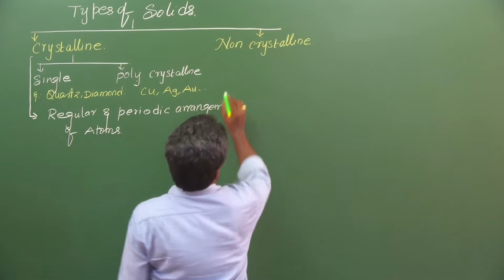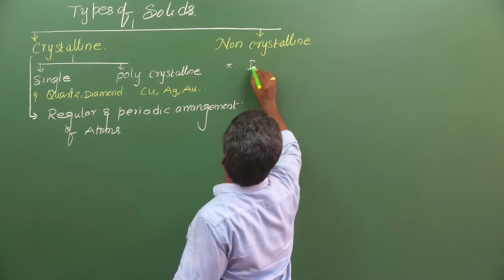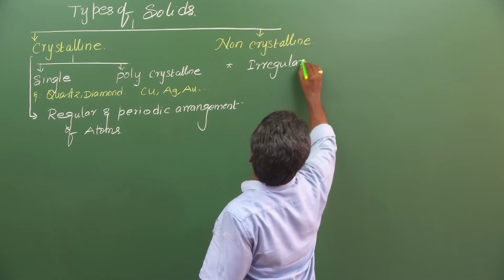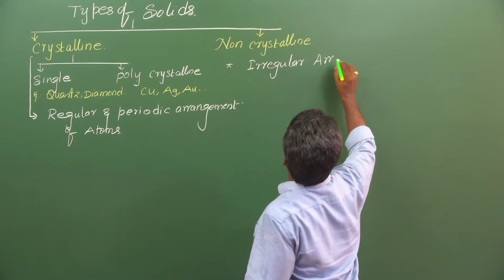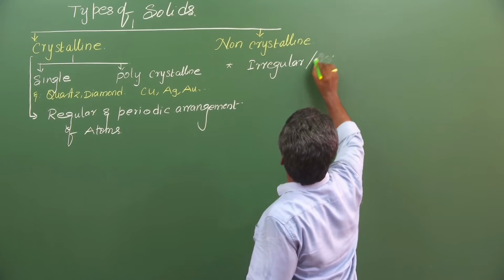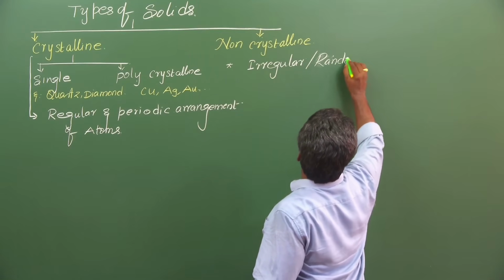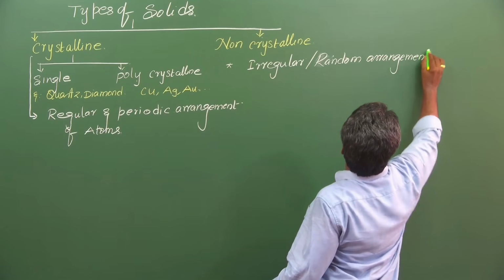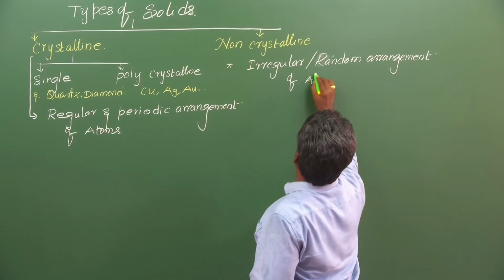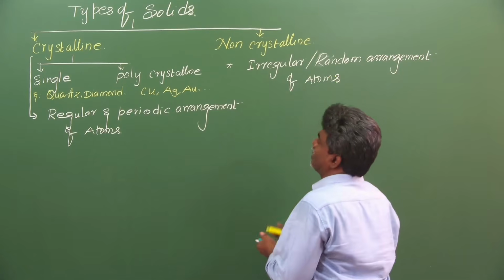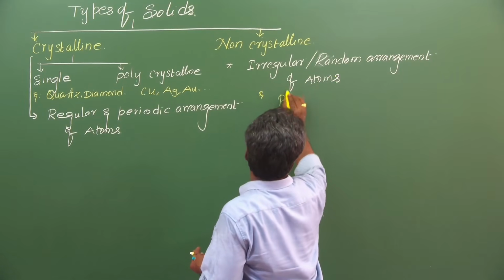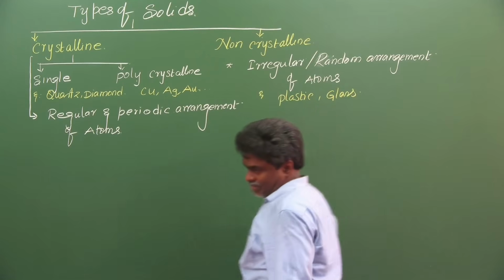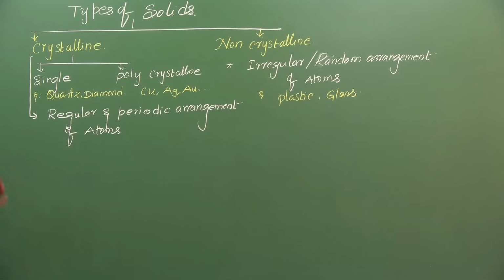And a non-crystalline, I hope you understand, has an irregular arrangement, or random is the correct word, random arrangement of atoms. Can you please give examples for non-crystalline? Plastic, glass, all these are non-crystalline.